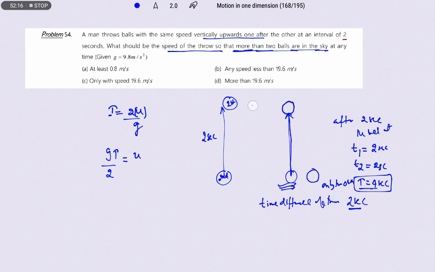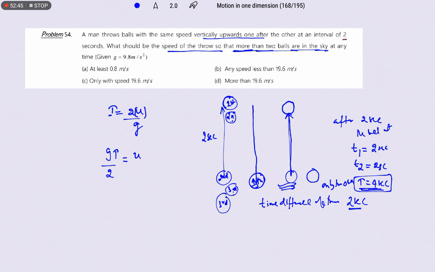So then after 2 seconds, again the first ball reaches the ground. Then he throws the third ball. So when the first ball reaches the ground, then how many balls will be in the air? Only two balls. Now this is the position of second ball and this is the position of third ball. Now how many balls will be in the air? Only two balls will be in the air if the time of flight will be 4 seconds.